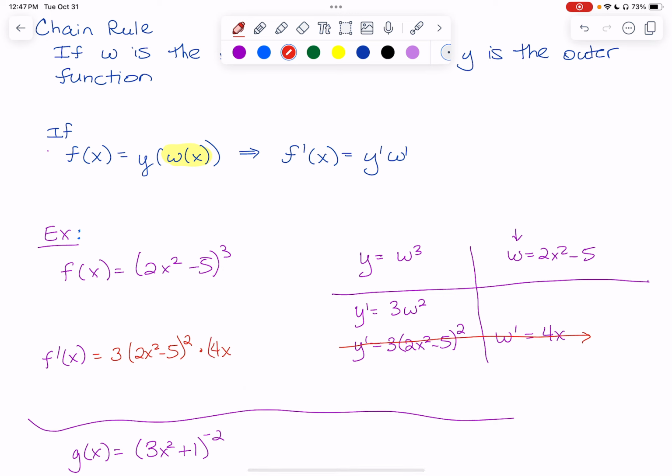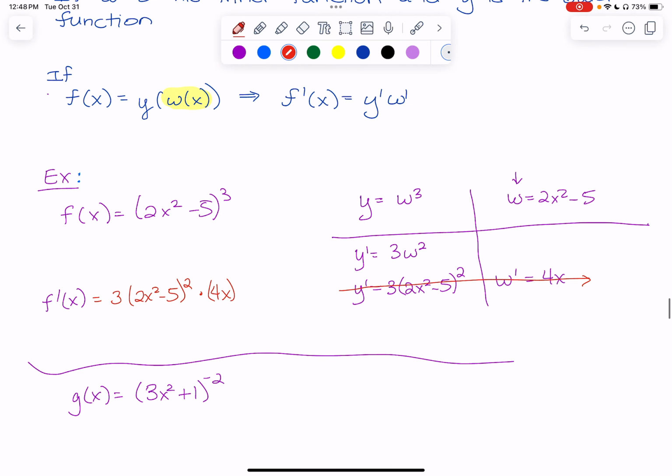I'm going to put that one in parentheses just so I know that. Now I can combine two terms here. I can combine my 3 and my 4x term, and I'll come out of there with a 12x times 2x squared minus 5 all squared, and that's my answer.